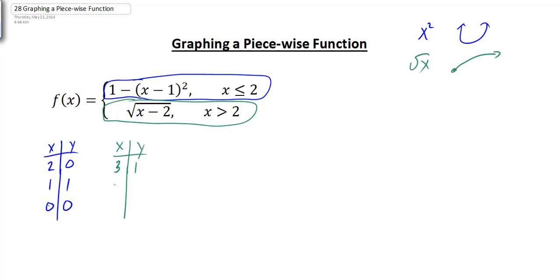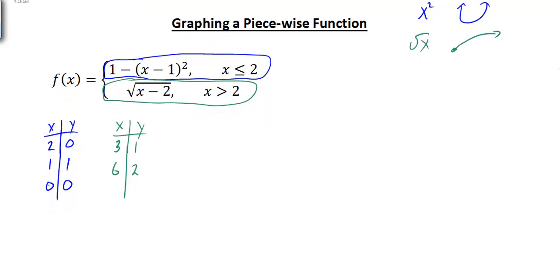And notice now I'm going to jump up here and pick 6. The reason I picked 6 is because 6 minus 2 is 4. I knew that if I took 2 away from 6, I get 4, which is a perfect square. So when I take the square root of 4, the answer is 2. That way I eliminate having to worry about graphing a decimal.